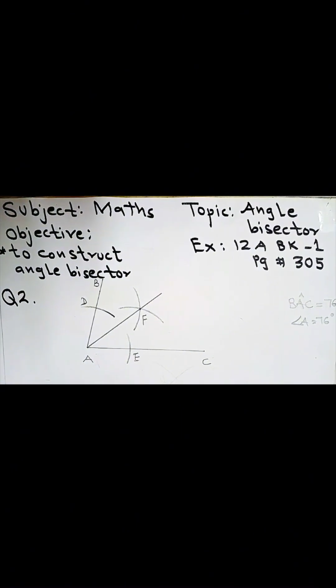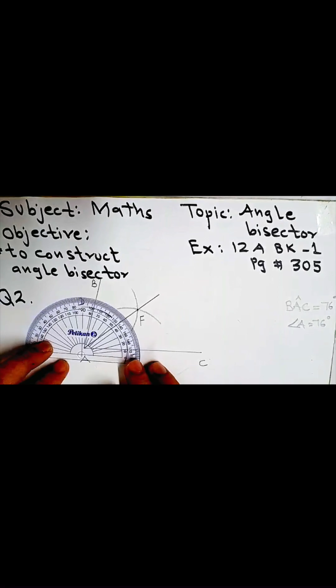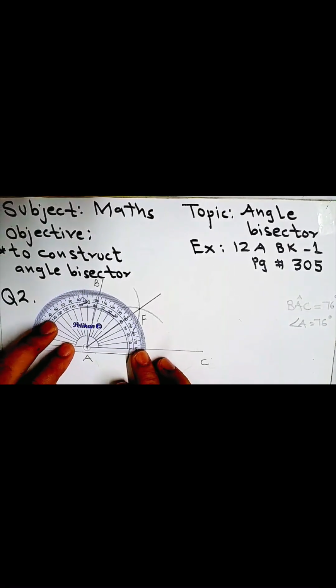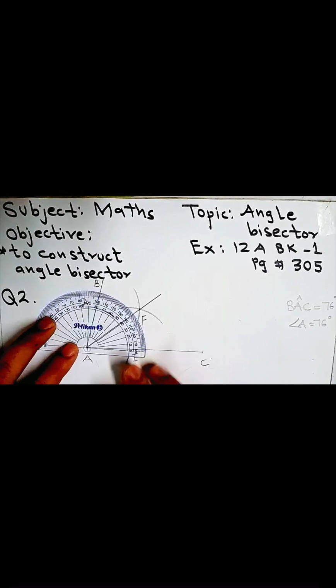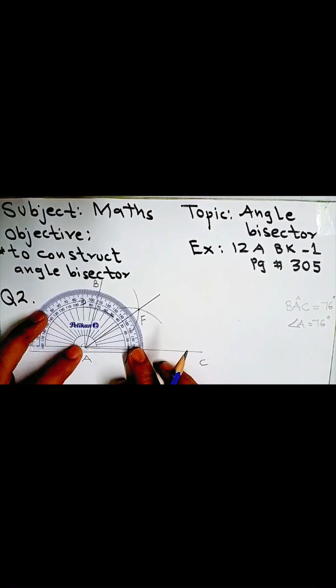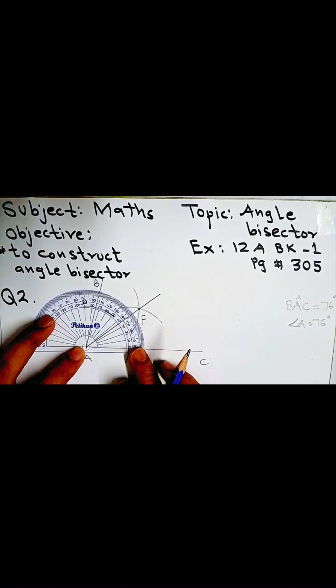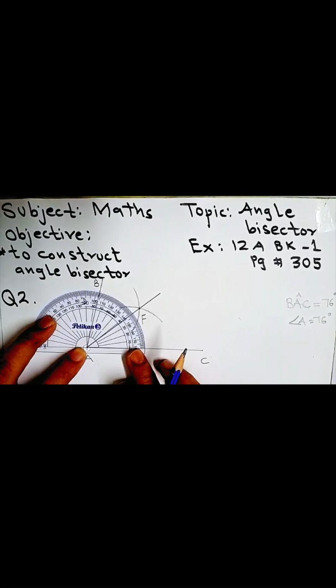Now as we have to draw angle bisector, we need to use protractor once again, and then you have to keep here and you have to check exactly the center, and then the baseline you have to hide it.